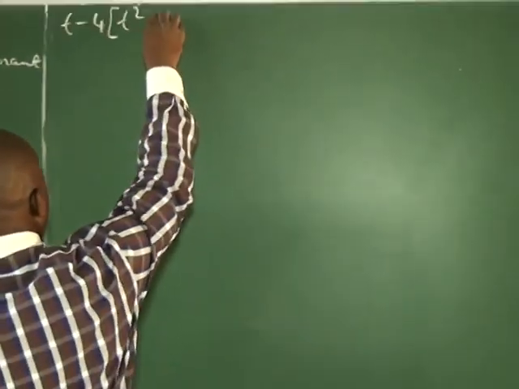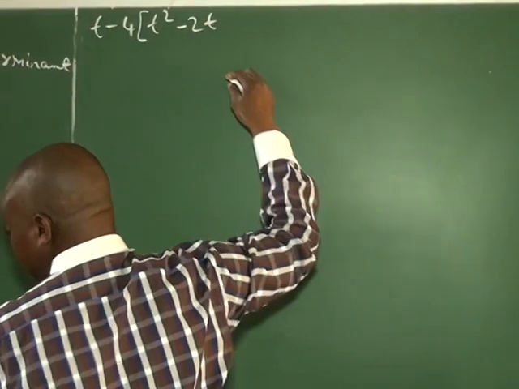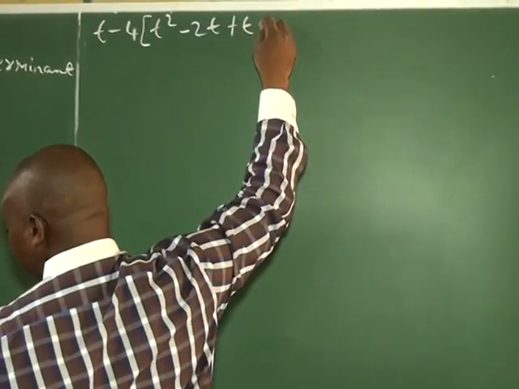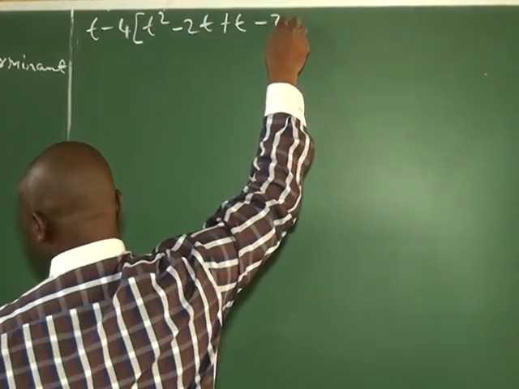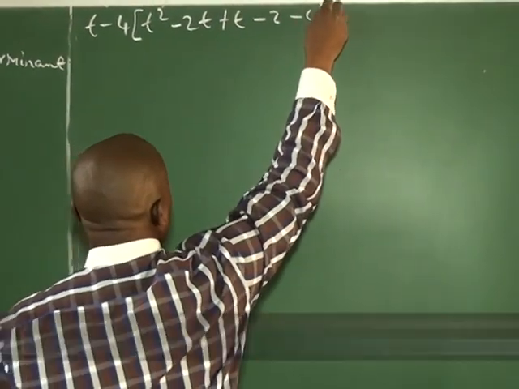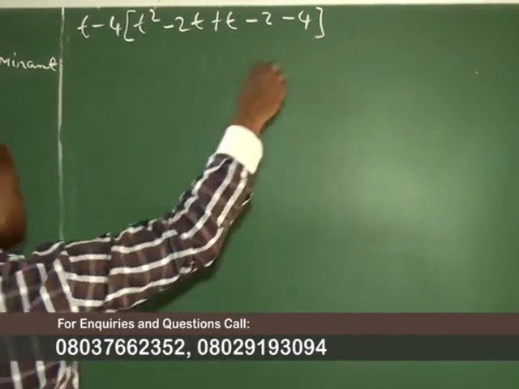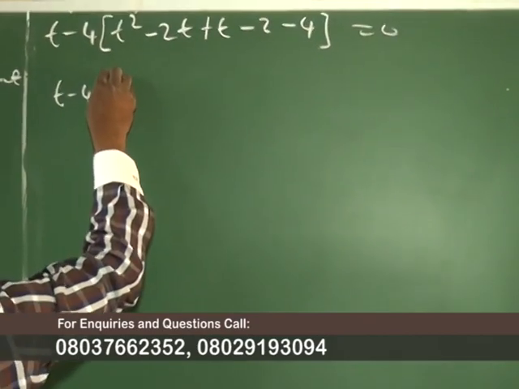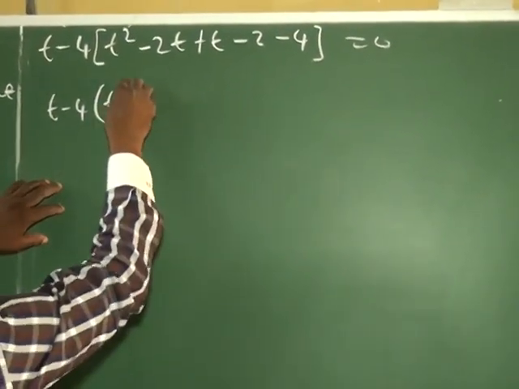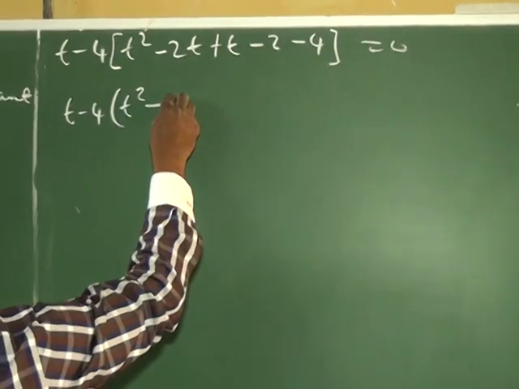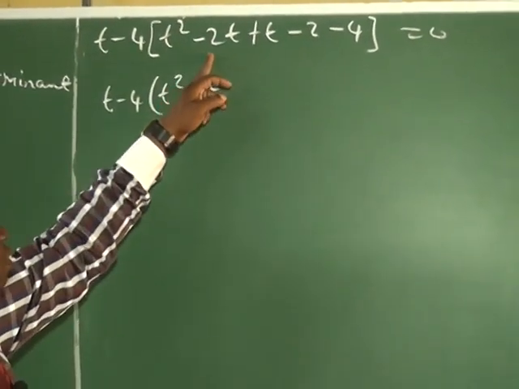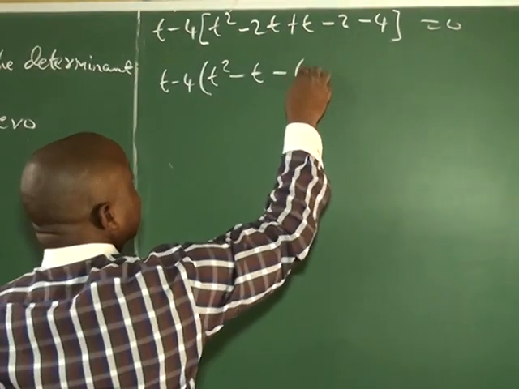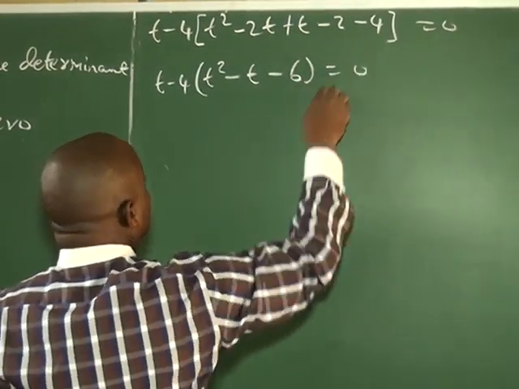then minus 2t, as t times minus 2, plus t, then minus 2, minus 4, equals 0. t minus 4, t squared, minus t, minus 2t plus t is minus t, minus 6, equals 0.